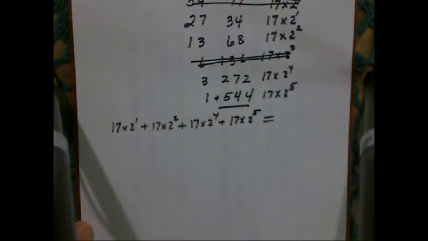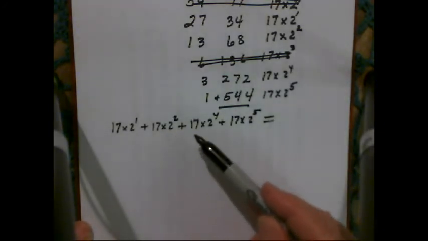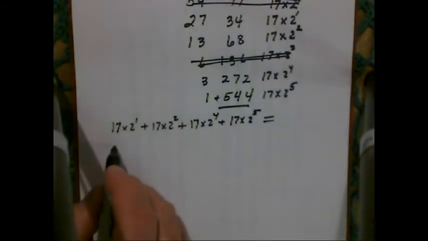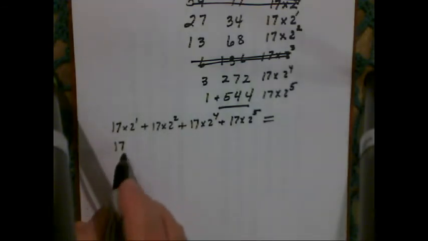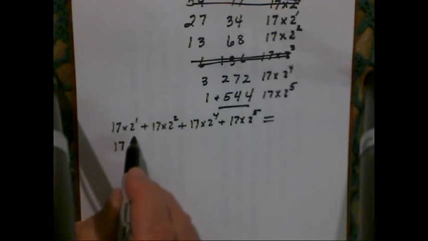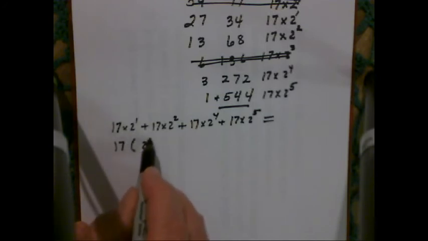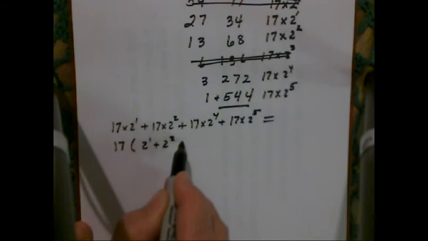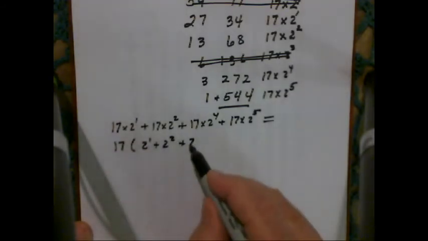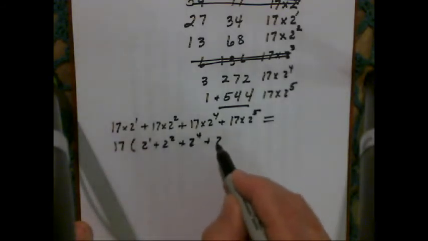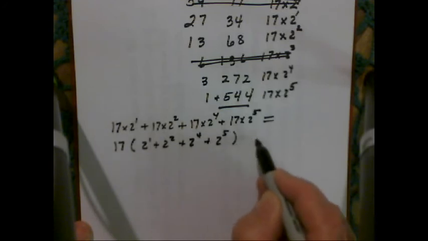And that's equal to, well, each of these terms has a 17, so we can factor that 17 out, and I'd be left with 2 to the 1 plus 2 to the 2 plus 2 to the 4 plus 2 to the 5th power.